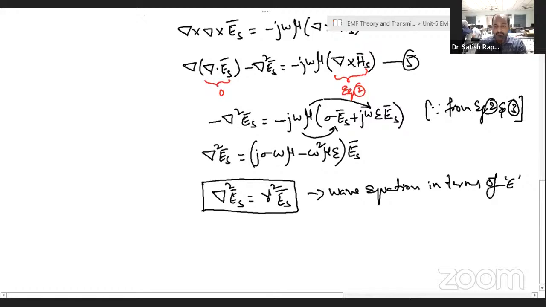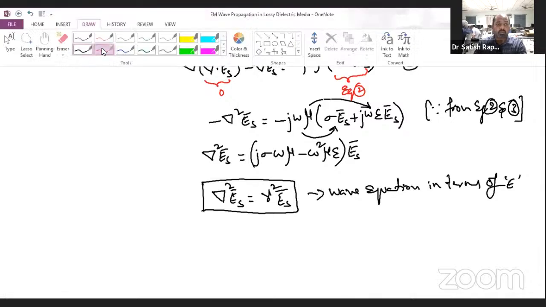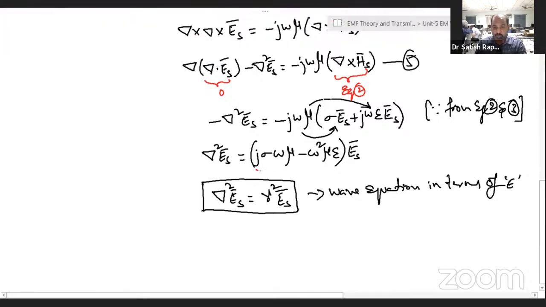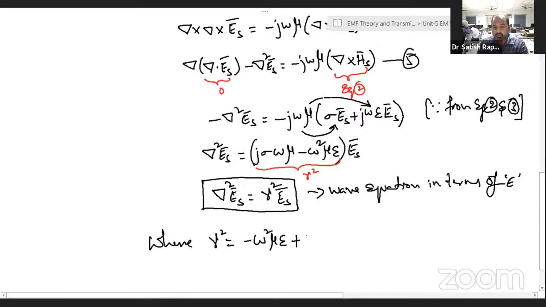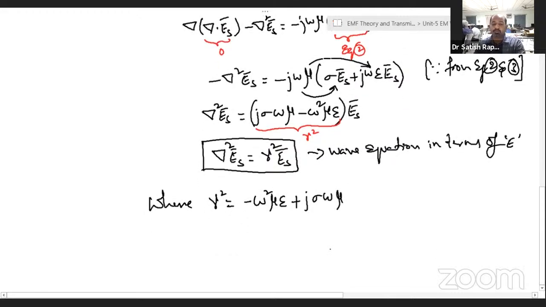So here, if you compare these two, this term is nothing but gamma square. Gamma square is equal to minus omega square mu epsilon plus j sigma omega mu.